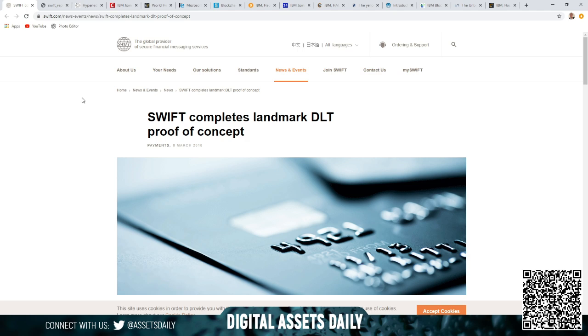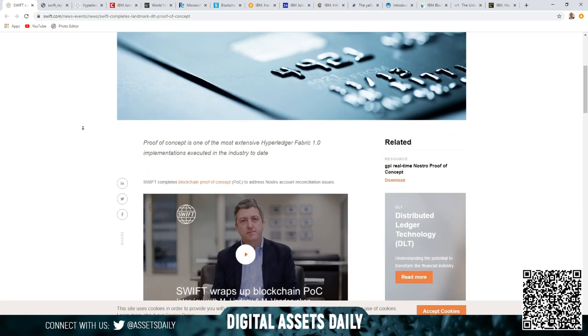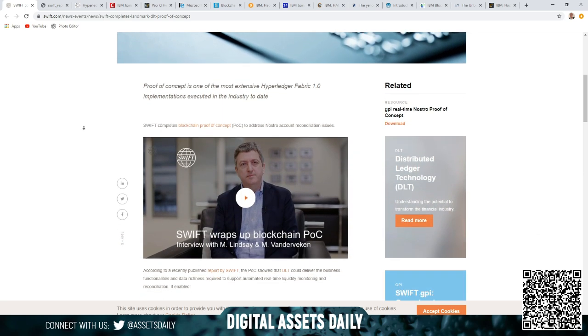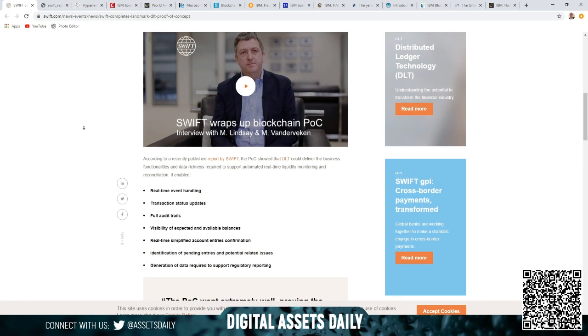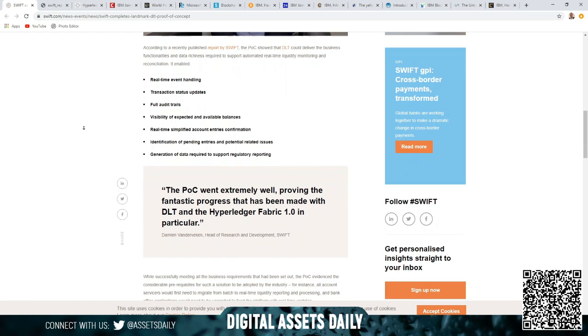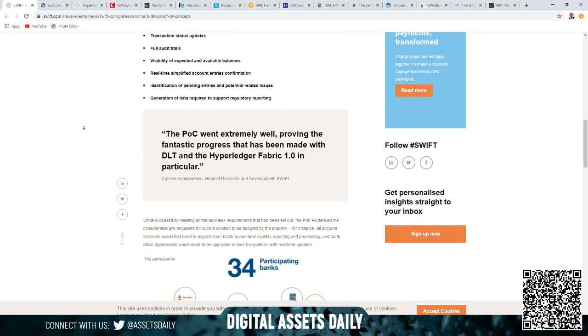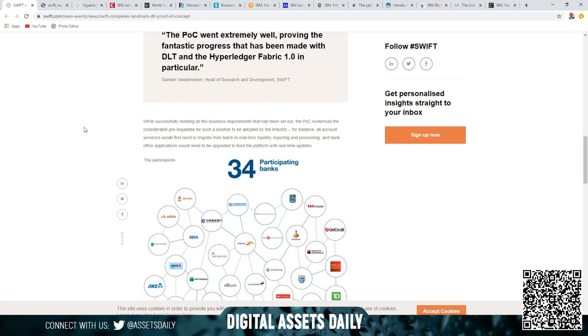Swift completes landmark DLT proof of concept. The proof of concept is one of the most extensive Hyperledger Fabric 1.0 implementations executed in the industry to date. And again, the Hyperledger Fabric is directly running through IBM off of the Stellar network, so you can see how Swift was already connected to Stellar.